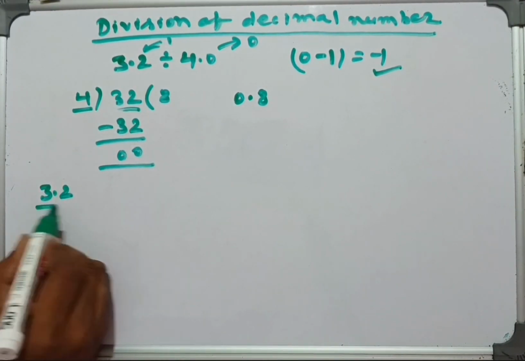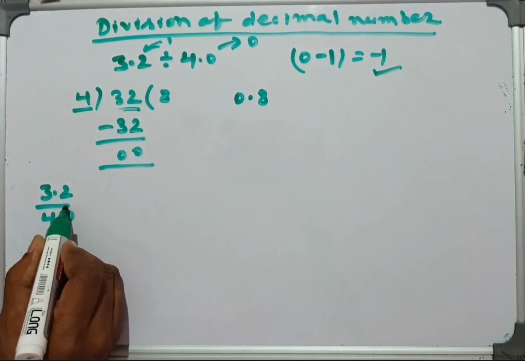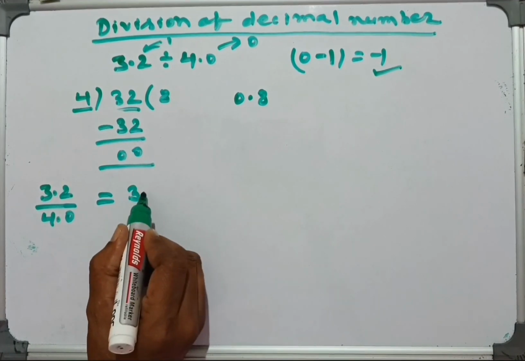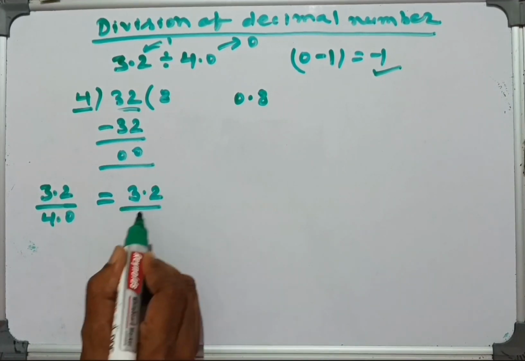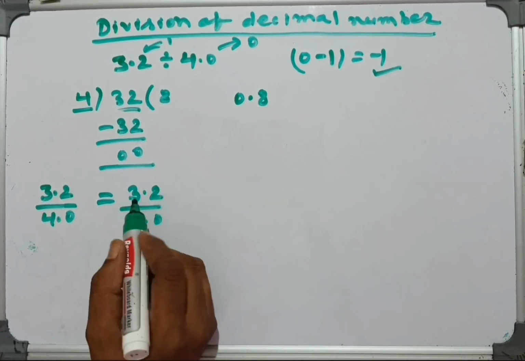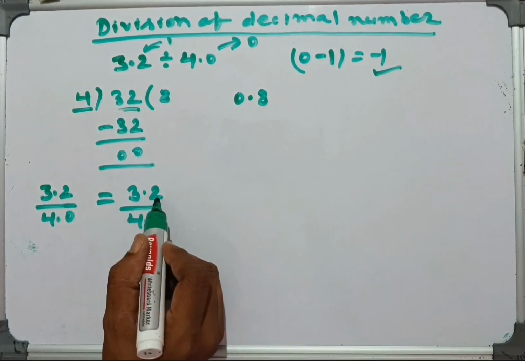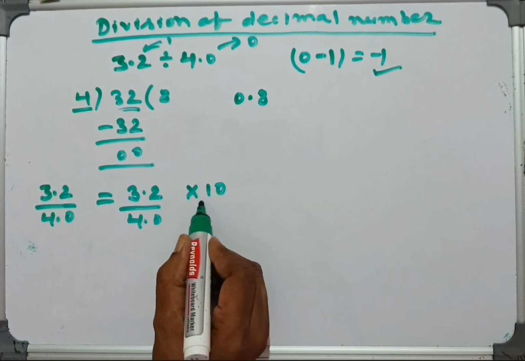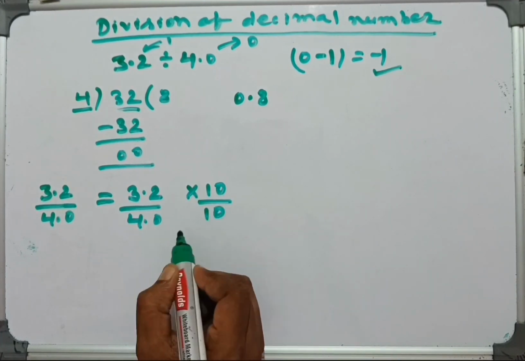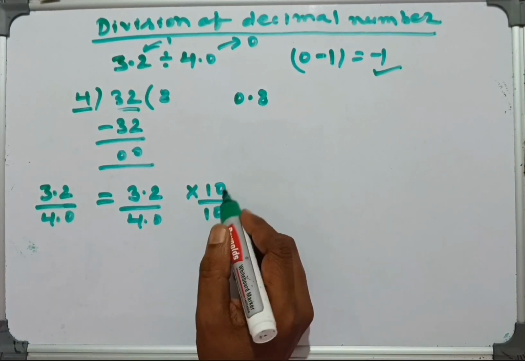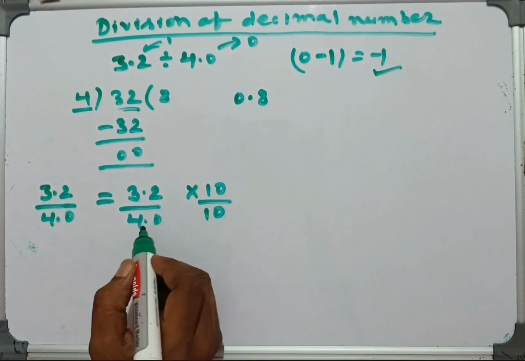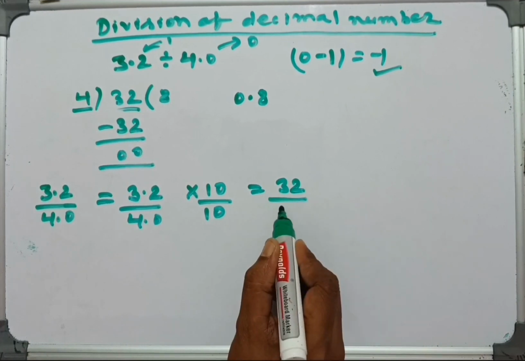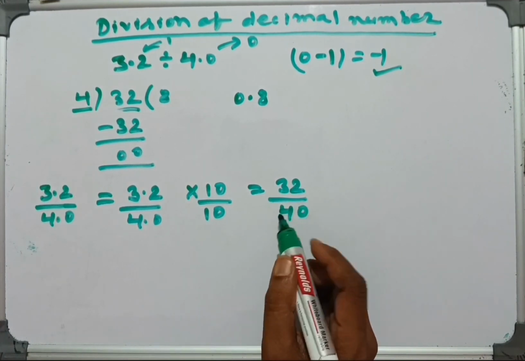Okay guys, in another way you can also make the solution. 3.2 divided by 4.0. So you could write this one as 3.2 over 4.0. If you want to convert this 3.2 into a whole number, you have to multiply by 10, and this one also multiply by 10, because 10 by 10 equals 1. Now this becomes 32, and this becomes 40.